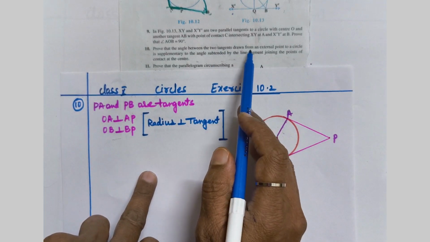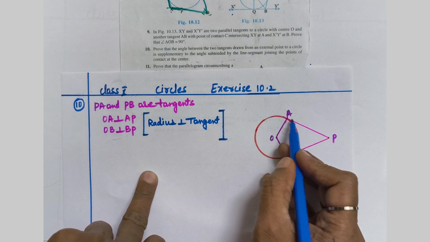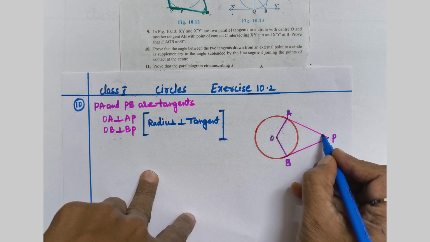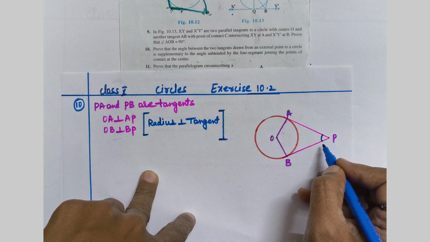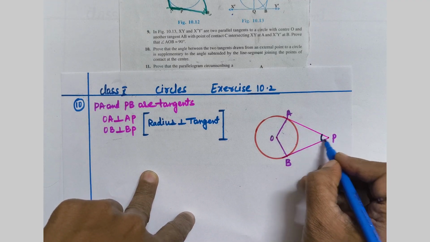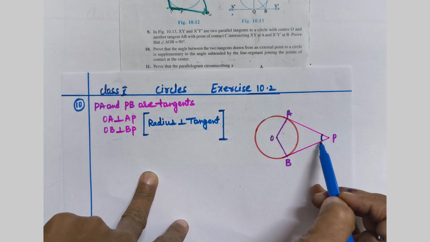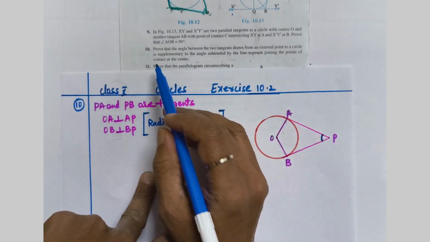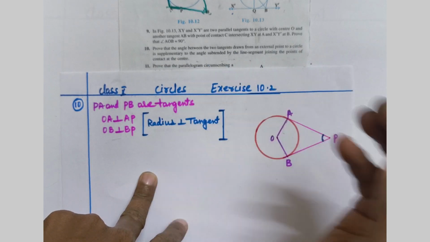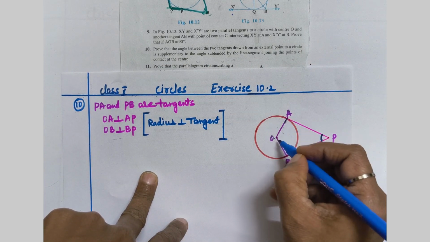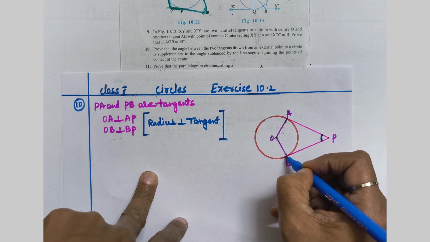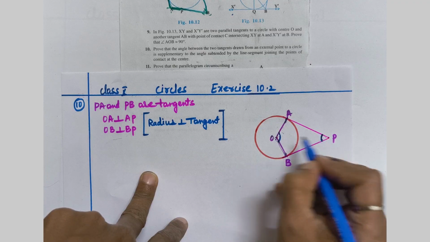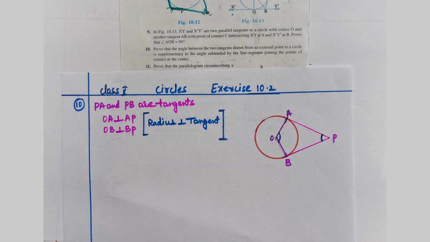Prove that the angle between two tangents drawn from an external point. From the external point you are drawing two tangents, and the angle between them is supplementary to the angle subtended by the line segment joining the points of contact at the center. You are joining the points of contact to the center of the circle, and this gives another angle. We will prove these two angles sum is supplementary.